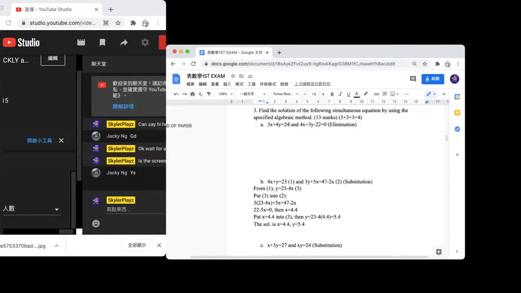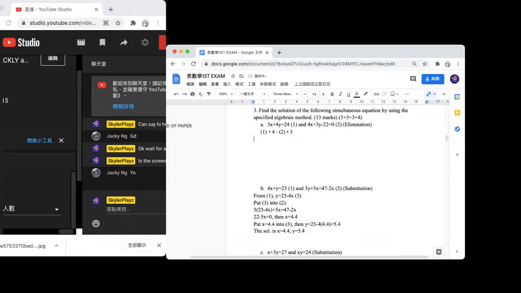We mark the first equation as 1 and the second equation as 2. And then we can do 1 times 4 minus the second equation times 3.